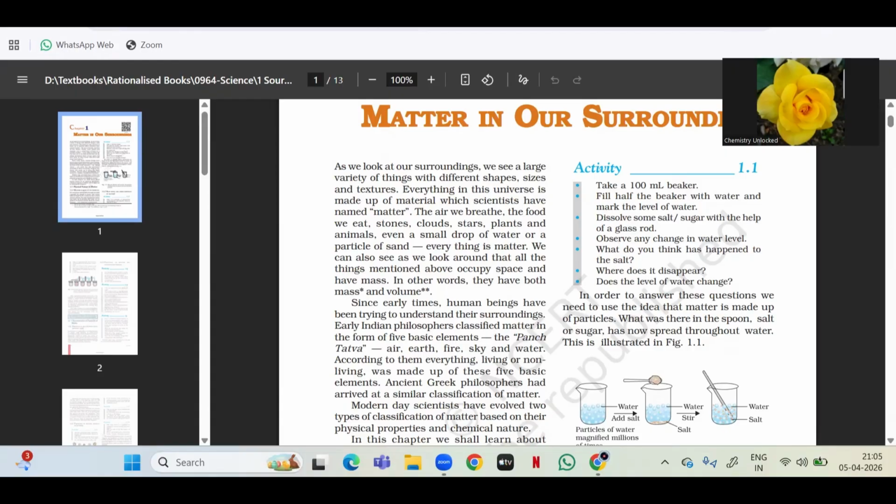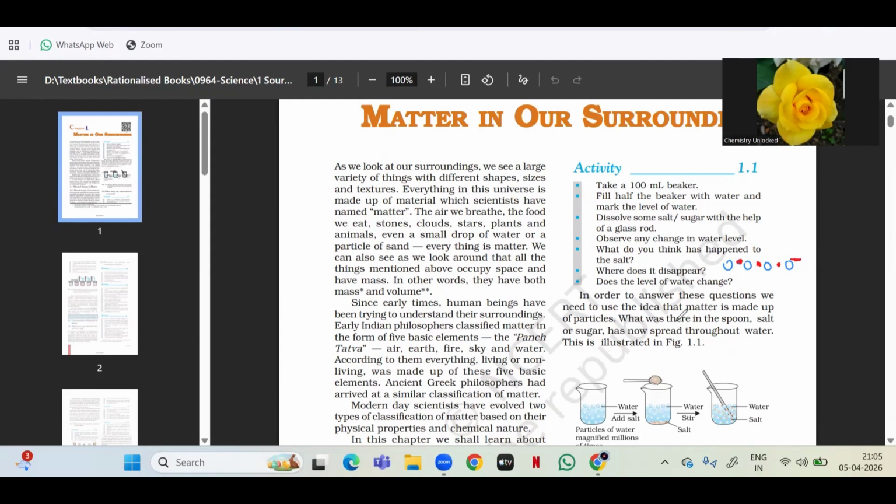So suppose these are the water particles, and when you put salt in it, let me take the color, say red, the salt gets lodged between the particles of water. Understood? That is why the level of water does not change much, because there's enough space between the particles of water.